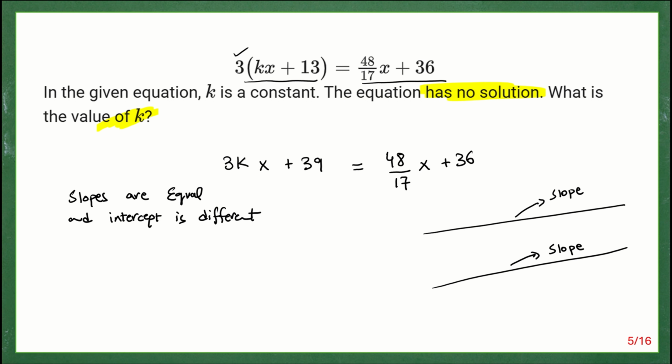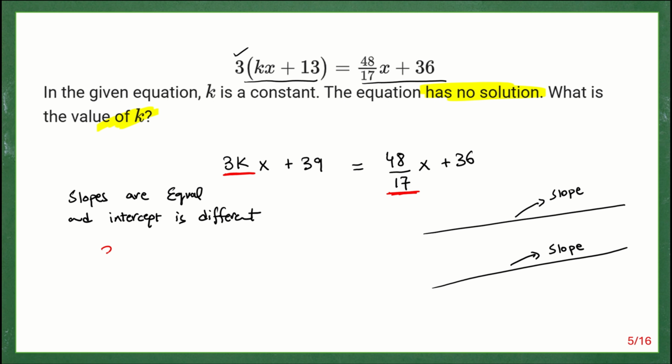Okay, so let's see the slopes here and compare them since they are equal. Now the slopes will be the thing that is multiplied with the variable x. So the slope of this linear expression is 3k, and for this one is 48 over 17.